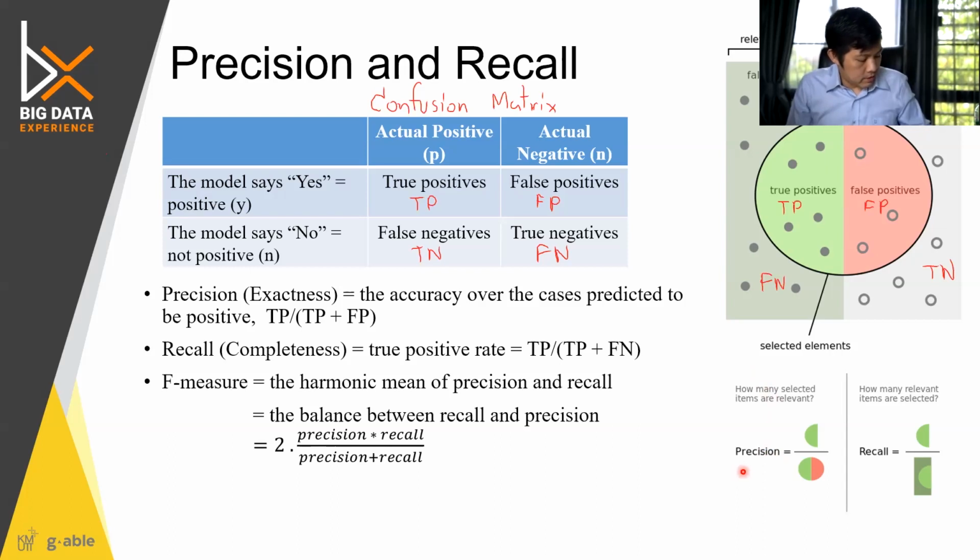Precision is the proportion between this green semicircle over the entire prediction, the circle itself. So if the model is precise, then every time it predicts, it is correct, right? That's precision.